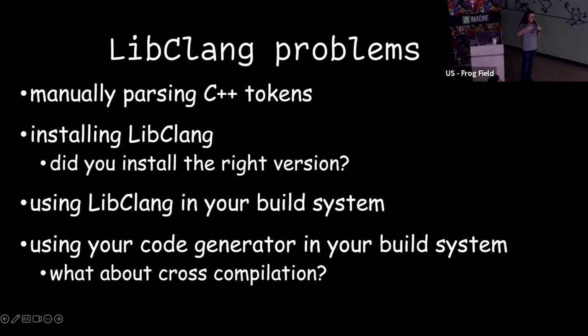So you want to run the code generator tool on your build machine, which is probably a different compiler than your target machine. It gets complicated. So there's a lot of drawbacks to libclang. I hope that tools like CMake and Meson and other build systems make it a lot easier, but right now they don't.